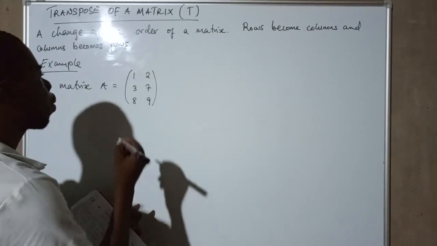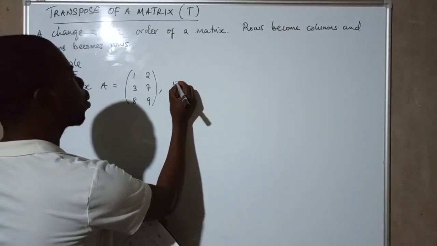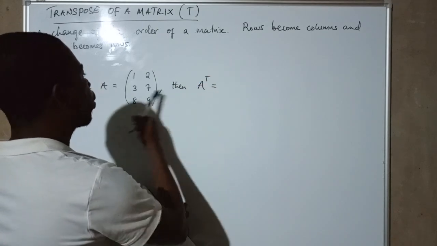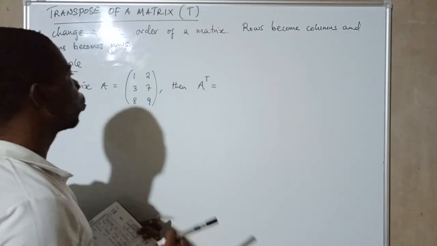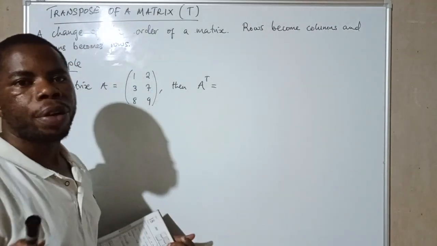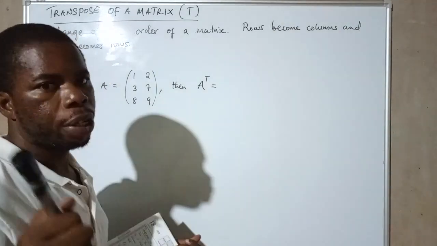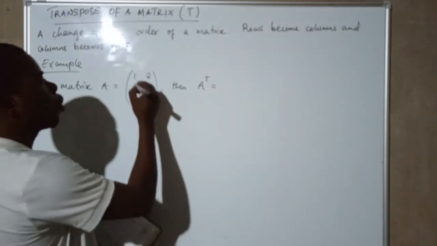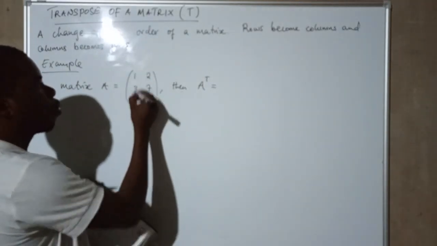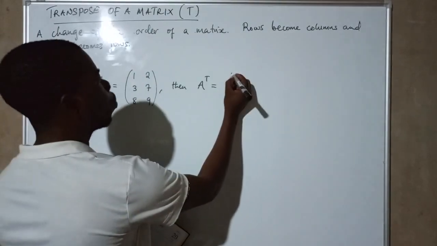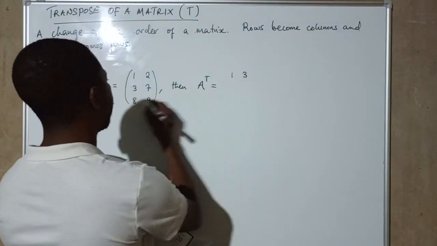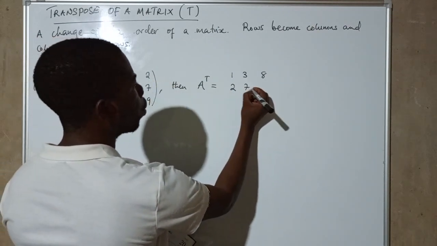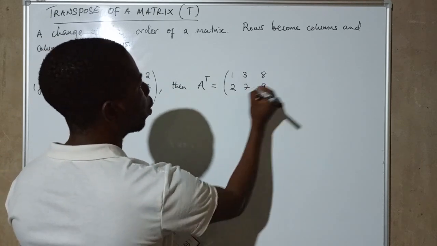Then if we say M transpose, it means the transpose of this matrix, where we need to change the rows so they become the columns, and the columns become the rows. So here these are the columns, so they should become the rows. Like this column, this one should become the row. So it will be 1, then 3, then 8, then 2, then 7, then 9, like that.